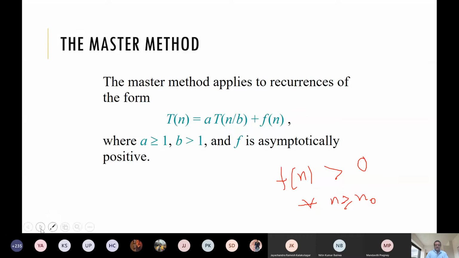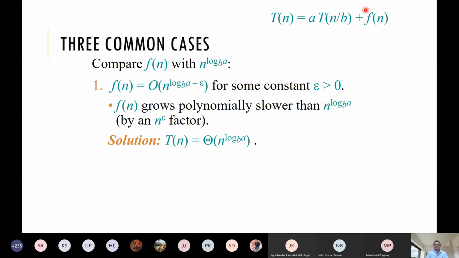Now there are three cases we discussed in the last class. Just to recap, this is the recurrence of the master method. We basically compare two terms, f(n) and n to the power log a base b.